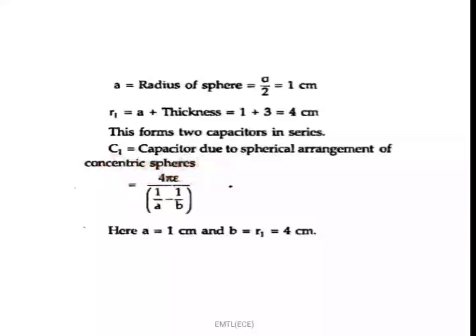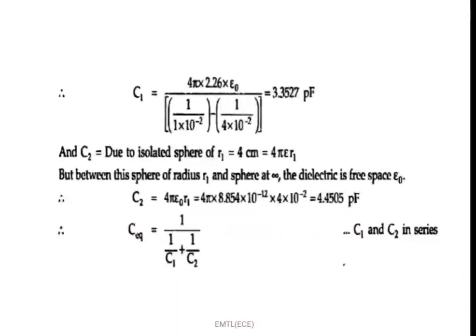B is the other concentric sphere, having a radius we have already found, equal to 4 centimeters. Now substitute A value 1 centimeter and B value 4 centimeters in this expression, then we can easily find the capacitance of the capacitor.